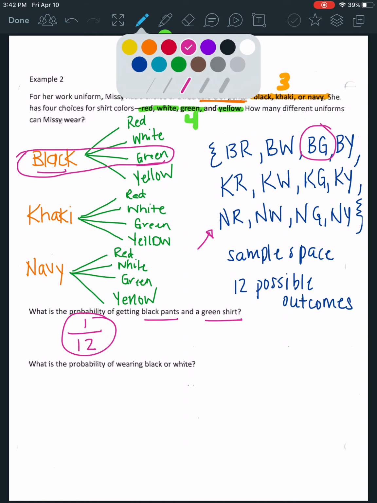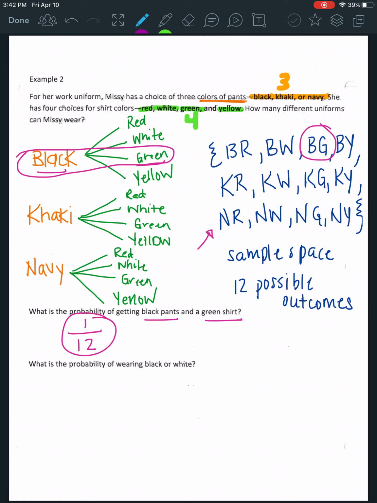Then last one. Probability of wearing black or white. So we're looking through and finding which of these have black. The black red, black white, black green, black yellow, those all have black in them, so they count. Now, khaki red, no black or white.